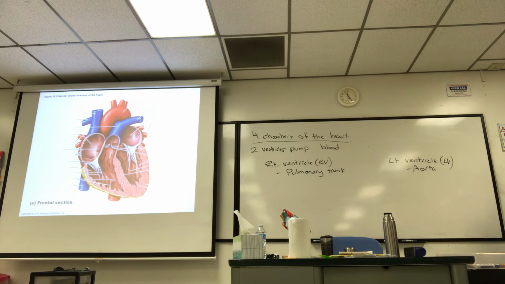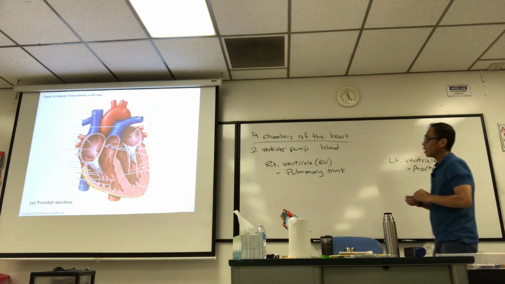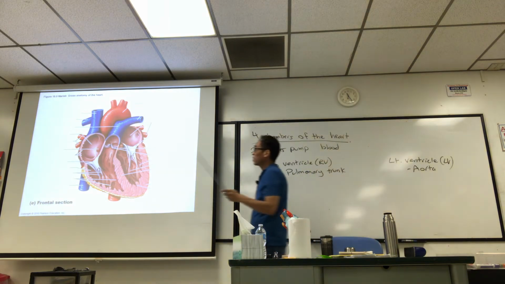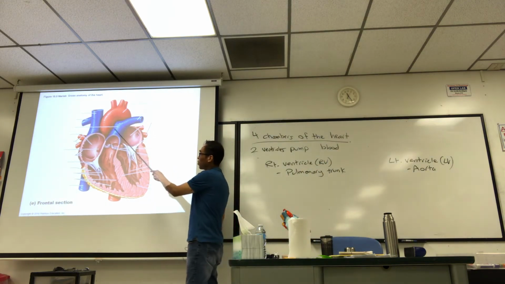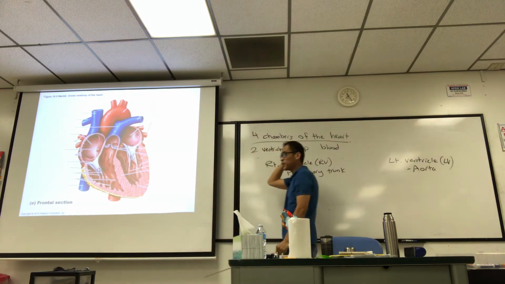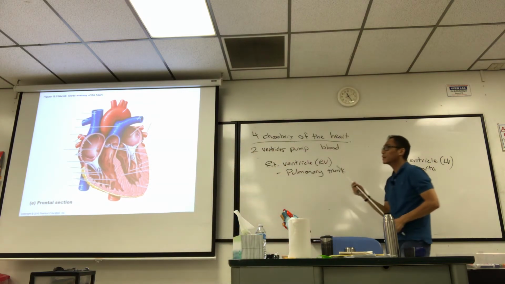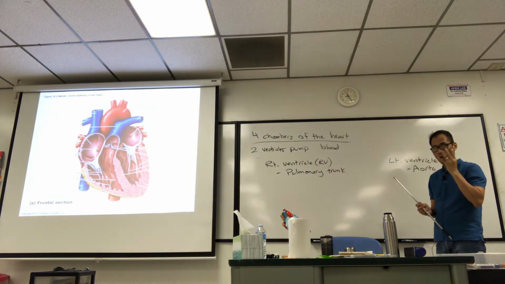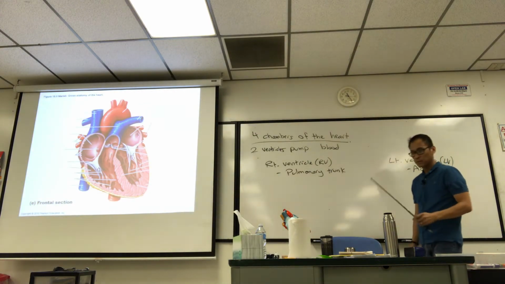Okay. So you can see it right here, the big red aorta versus the pulmonary trunk. Again, the colors just remind you oxygenated versus deoxygenated blood. The valves, there are 4 of them. There are 4 heart valves.